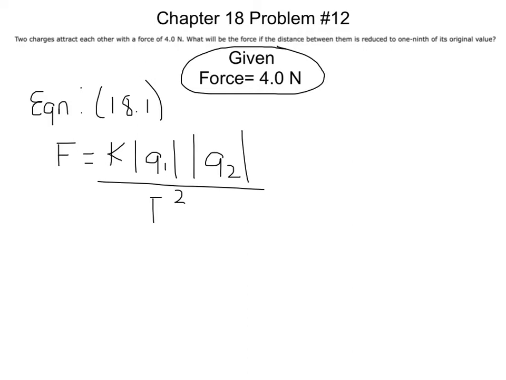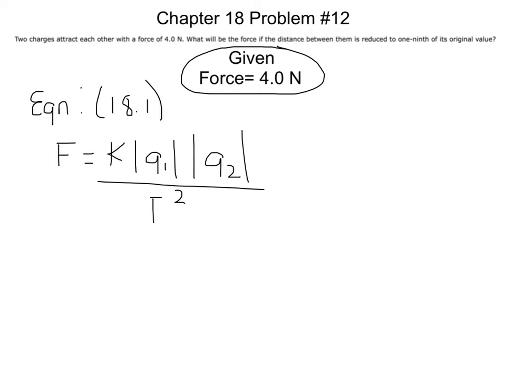So Q1 and Q2 represent the magnitudes of the charges, and R represents the distance between the two, and F, of course, represents the force of attraction.